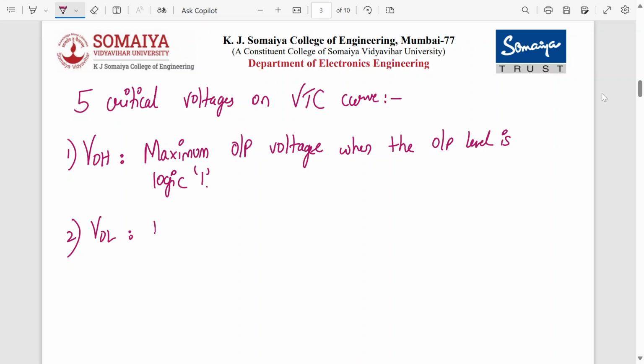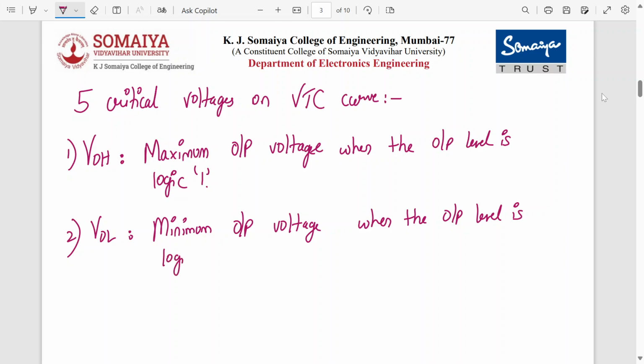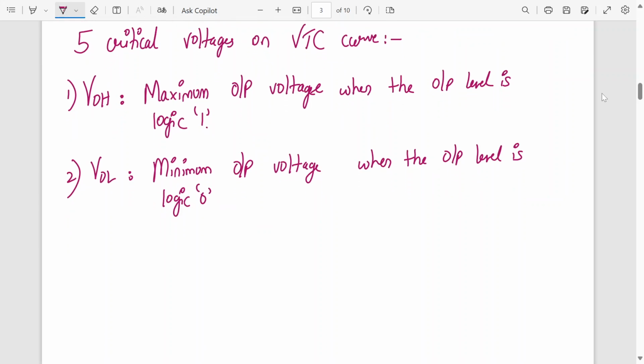VOL: it is the minimum output voltage when the output level is logic 0. Alright? We will discuss why it is minimum and maximum later. Why this is called maximum, why this is called minimum, we'll discuss later.